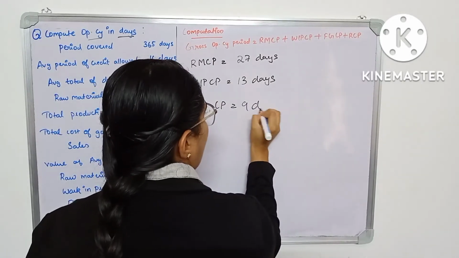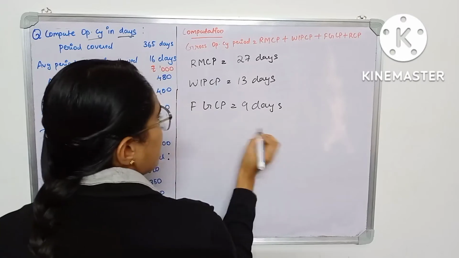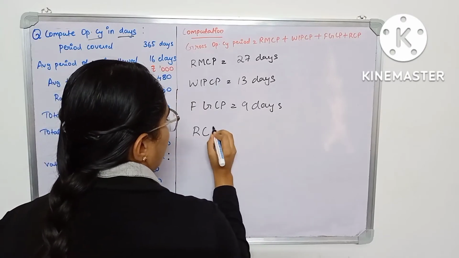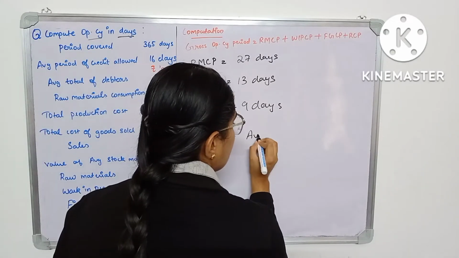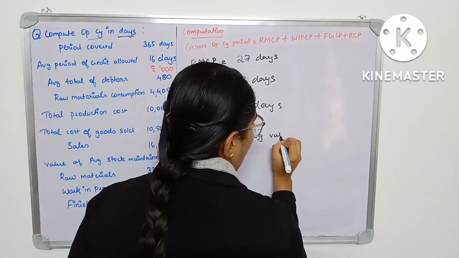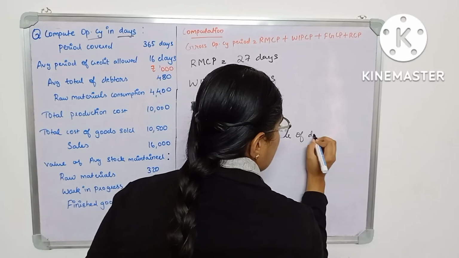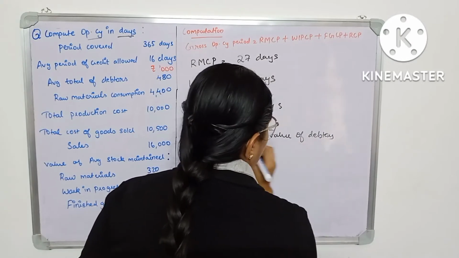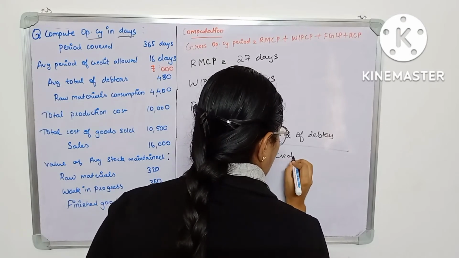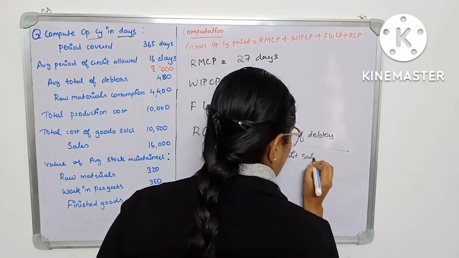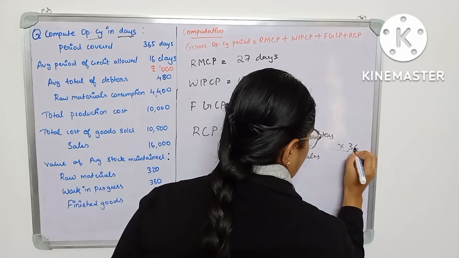Now the last one to calculate is the receivables conversion period. The receivables conversion period is given by average value of debtors divided by net credit sale into 365.